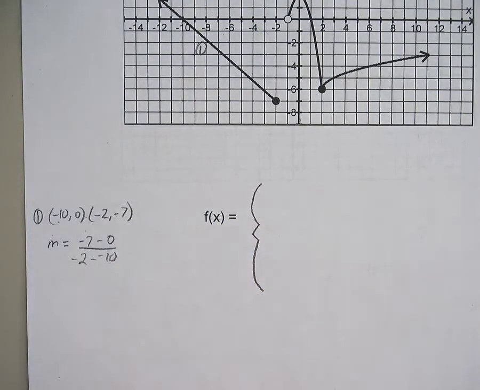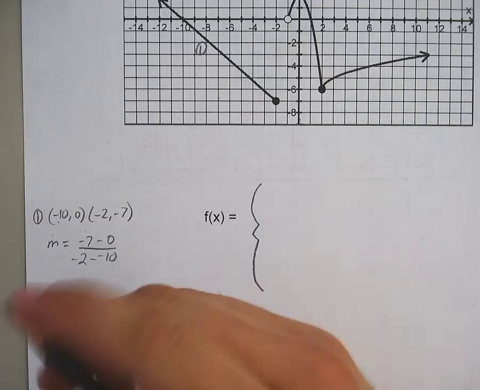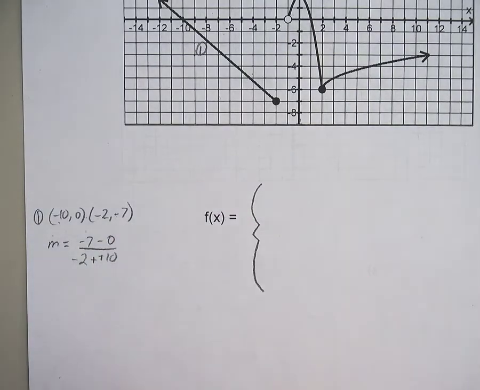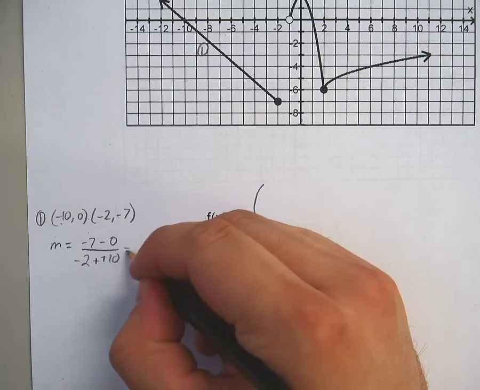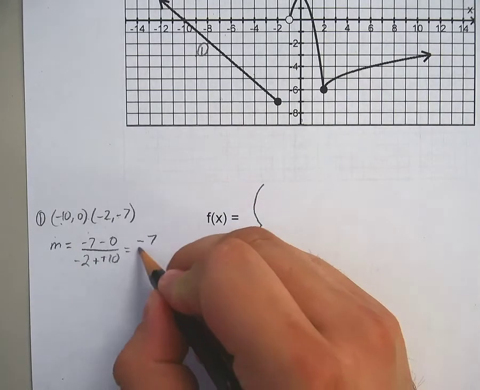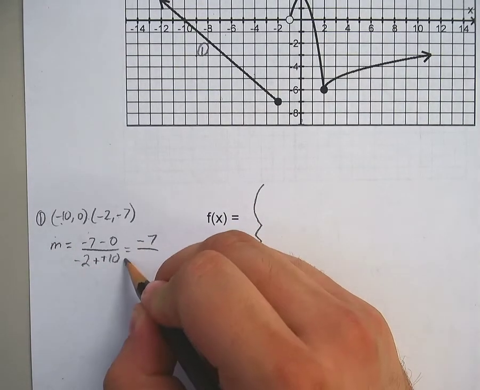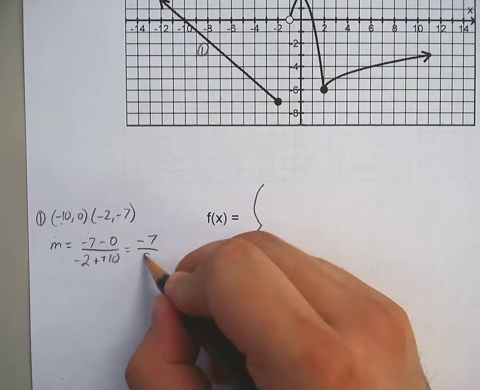Remember to watch your negatives here. We can't be playing games with this, acting like a bunch of freshmen in an Algebra 1 class messing up our negative signs now, can we? So add here, add here. That's going to be -7 over -2 plus, excuse me, plus 10 is 8.